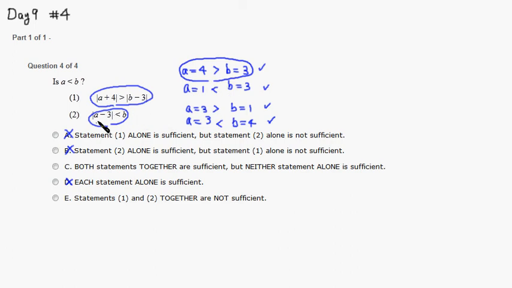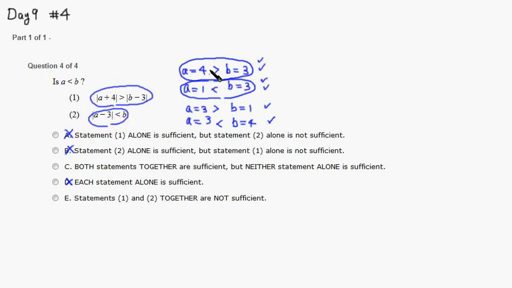Does this work? Right, 4 minus 3 is 1, which is less than 4, so this actually satisfies both inequalities, right? How about 1 and 3? Got that. All right, so 1 minus 3 in absolute value is 2, which is less than 3. So this actually works.